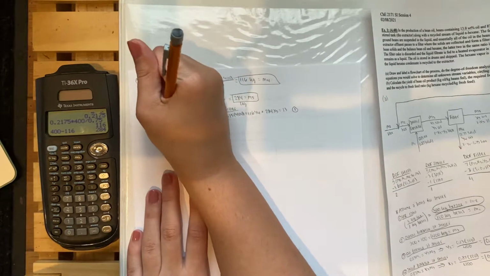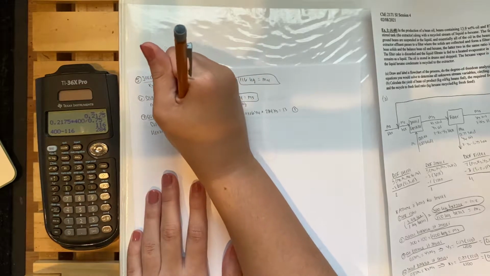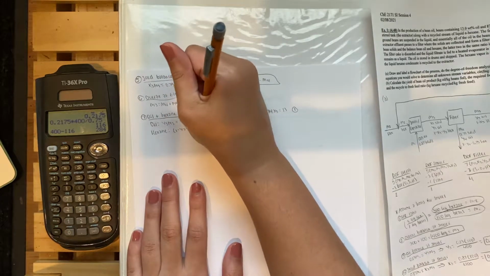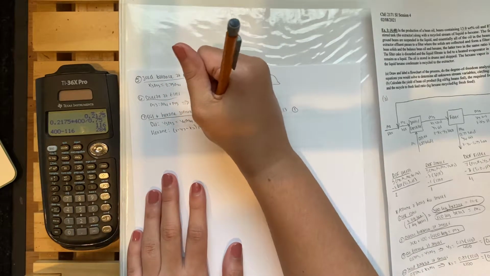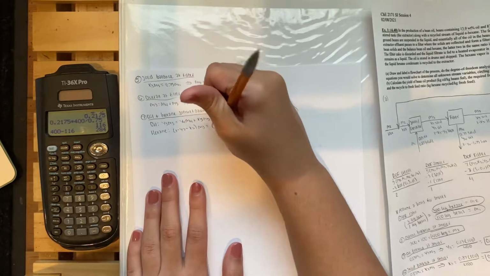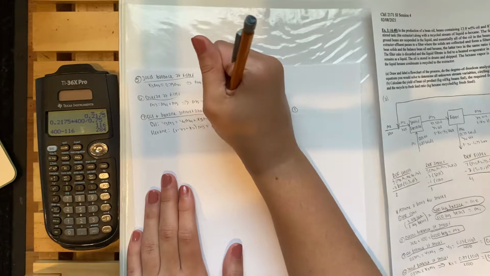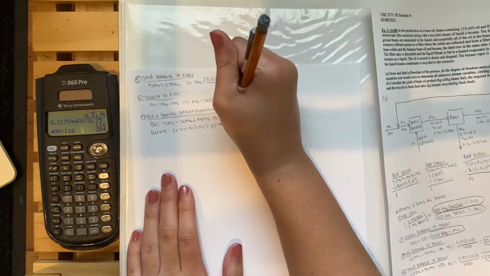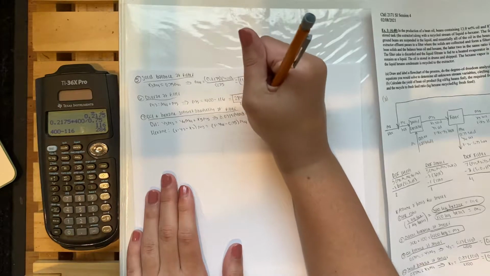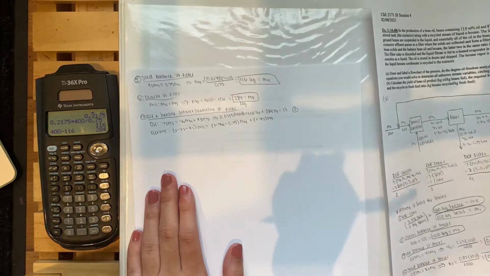Now for hexane, we have 1 minus Y3 minus X3 times M3 is equal to 1 minus Y4 minus 0.75 times M4 plus 1 minus X5 times M5.